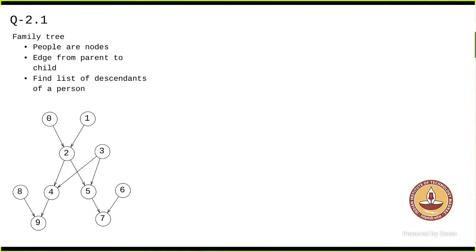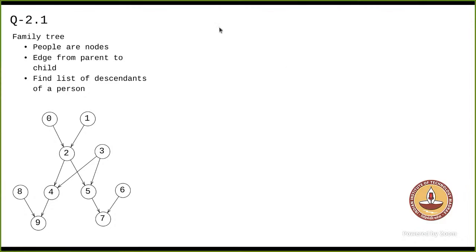Similarly for 4 and 9, and then again for 5 and 7. You have to call DFS every time on each of these nodes. I mean, if we call DFS for 1, it will automatically call itself recursively. Correct. Right. So let's do that.